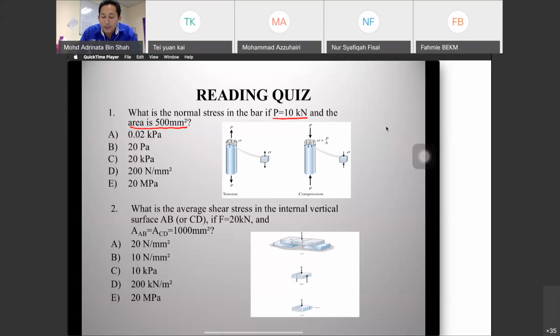If we have the equation of normal stress, sigma is equal to P over A. You have your P, you have your A. Calculate P over A. P is 10 kilonewton, A is 500 millimeter square.